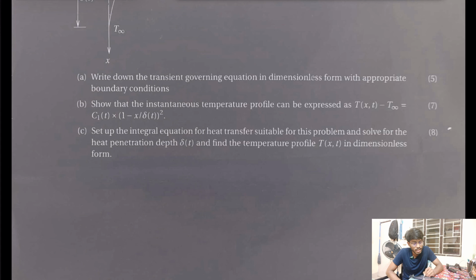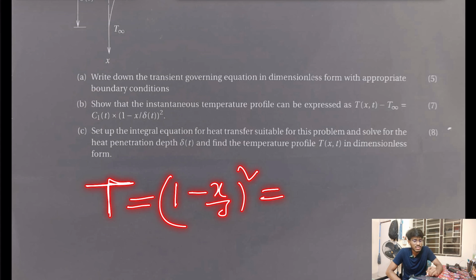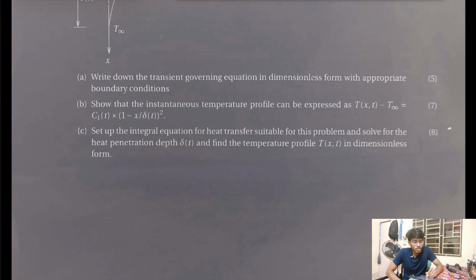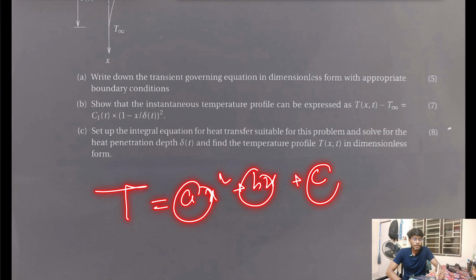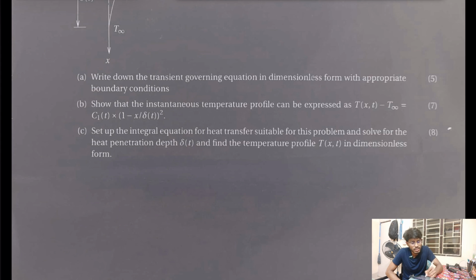Here this t is shown as 1 minus x by delta, whole square. That means this is a quadratic form. So you have to take t equal to ax square plus bx plus c. You have to find this a, b and c, and you will see that your t will be something like this.